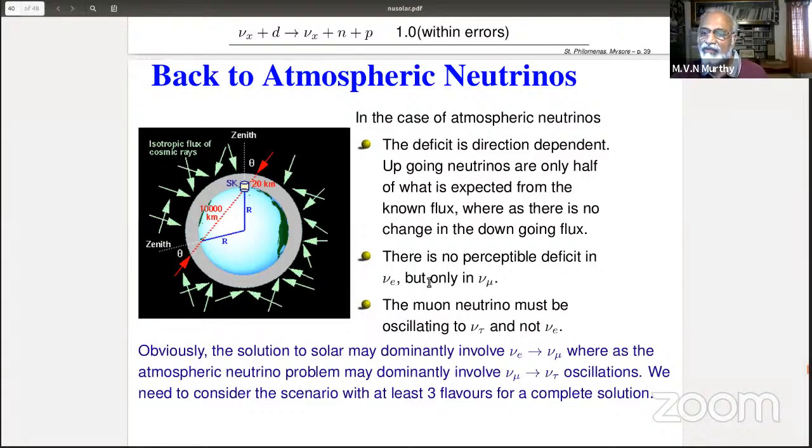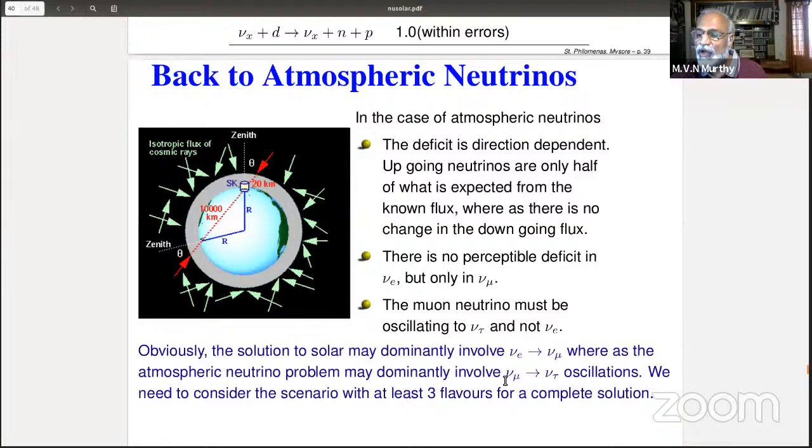That scenario is very different from what we see in the data. There is almost no change in the electron neutrino flux, but in the muon neutrino flux there is a perceptible difference between neutrinos coming from above and from below. So obviously the solution to the solar neutrino problem may dominantly involve electron neutrino going to muon neutrino, whereas the atmospheric neutrino problem may dominantly involve some other flavor conversion.